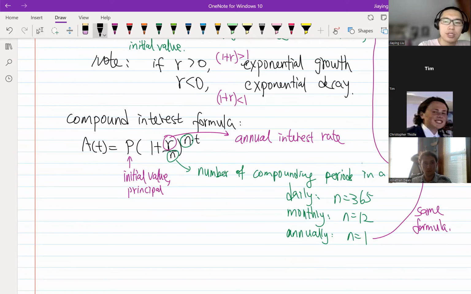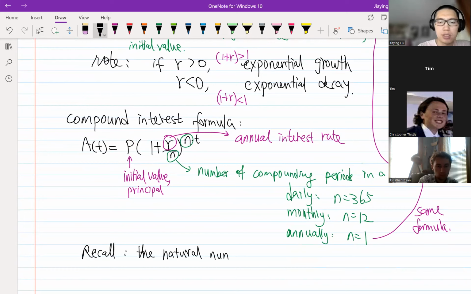So recall the natural number E. By definition, you don't have to memorize it, but it's good to kind of know what it is. It's 1 plus 1 over n raised to the power of n, with n going to infinity.